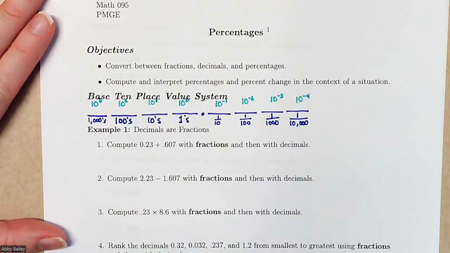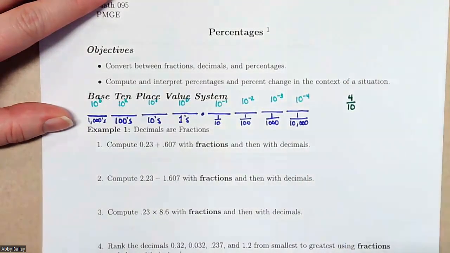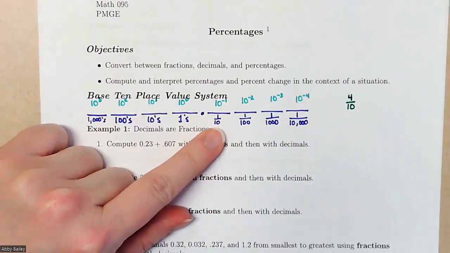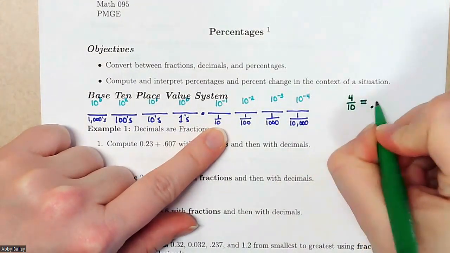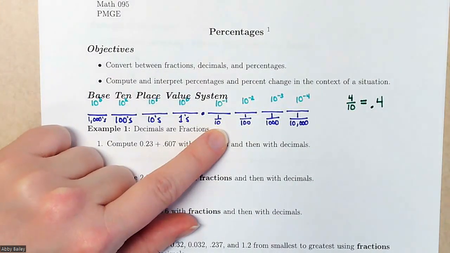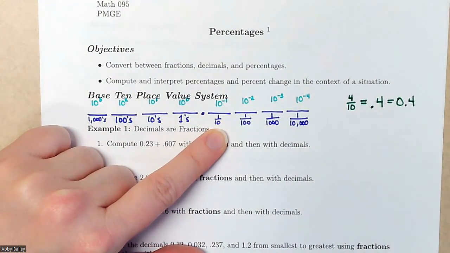Okay. So when I think about examples of this, for instance, if we have 4/10, we would put it on here, it would be 4 of these. So that is equal to 0.4, or even 0 wholes 4/10.